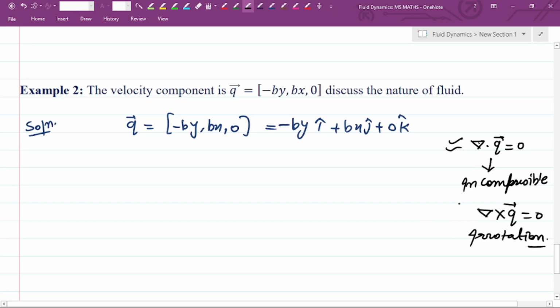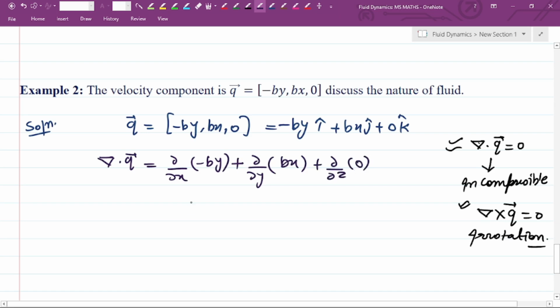We will find both quantities for this particular q, then we can decide the nature of the fluid. First of all, we find del dot q vector, the divergence. It is dou by dou x of minus by plus dou by dou y of bx plus dou by dou z of 0. There is no x component, so it is 0, and the other terms are also 0.